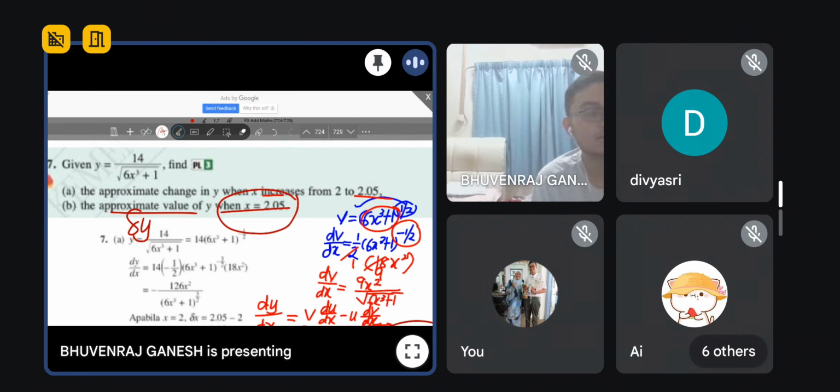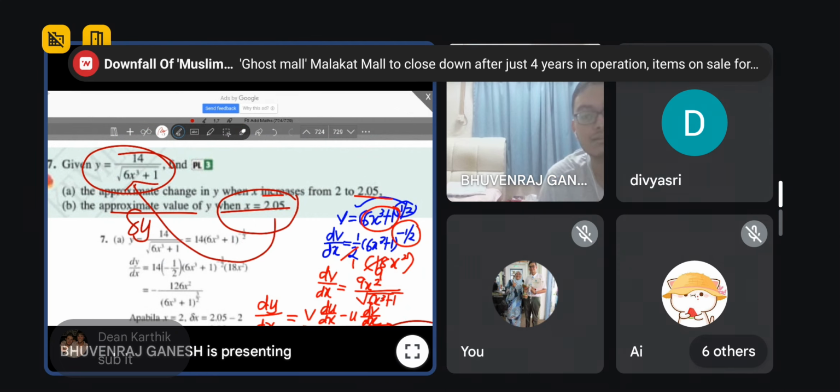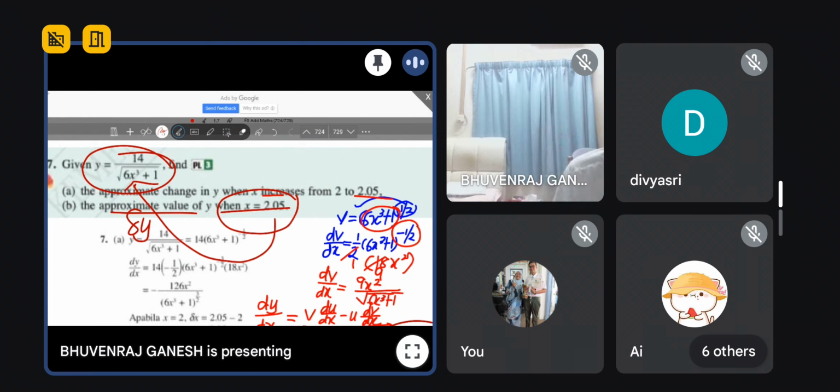If you see earlier, your question is this. This is your y. So now they say x equal to 2.05. So how are we going to get this? You have to substitute x is 2.05 inside here. Common sense. They give you the x already, so you substitute inside your y expression. So they ask you the approximate value. What is the formula we can use here to calculate the approximate value?